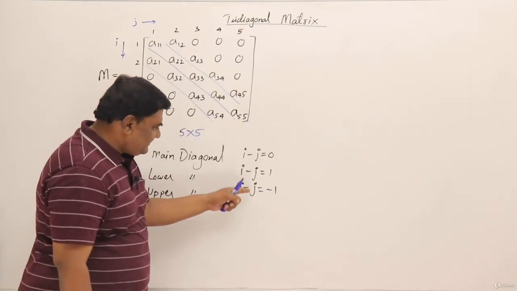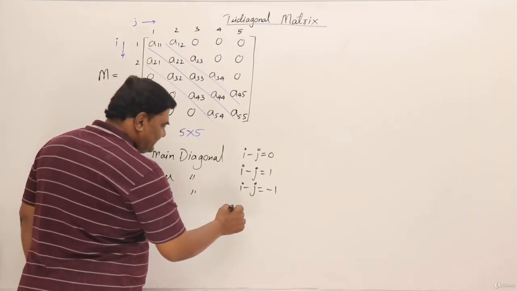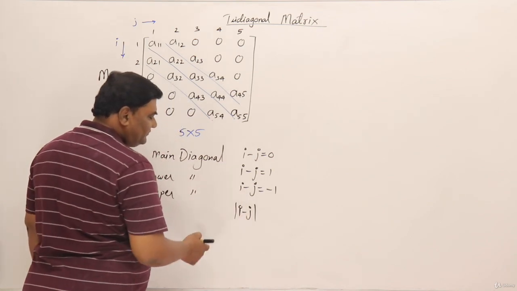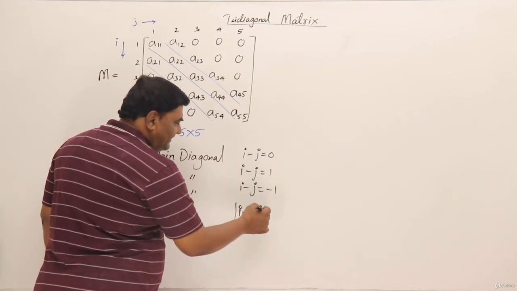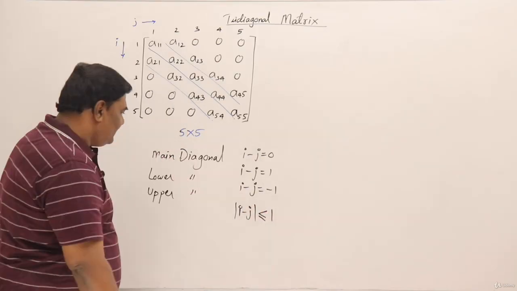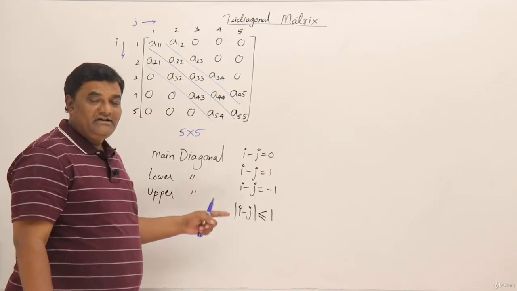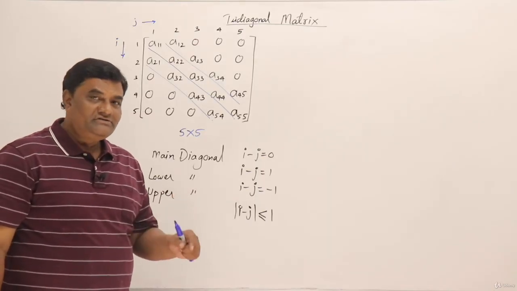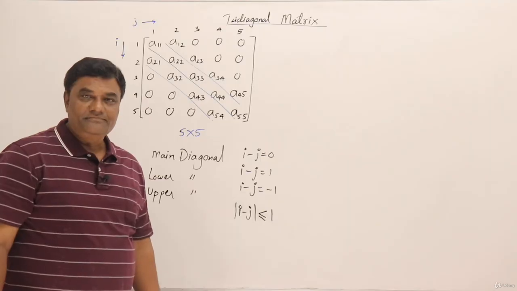I can combine these three conditions together and write them as the absolute value of i minus j, that is mod, less than or equal to 1. So if you subtract i and j and get an absolute value less than or equal to 1, then those elements must be non-zero.